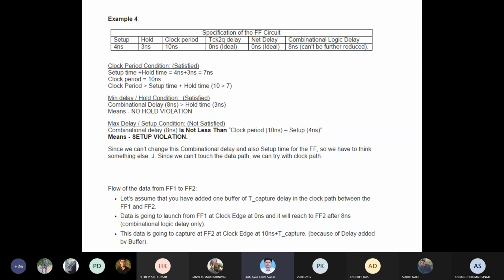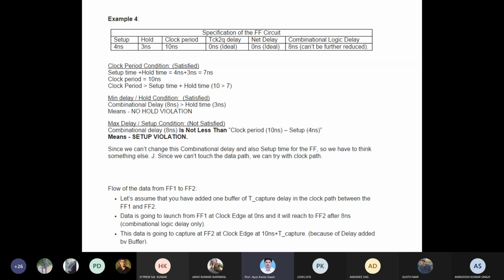So data is going to launch from FF1 at clock is 0 nanosecond, will reach after 8 nanosecond. Okay, after 8 nanosecond, that is combinational logic delay only, right?